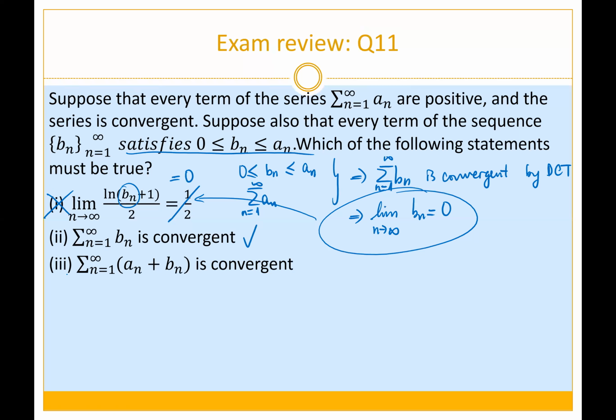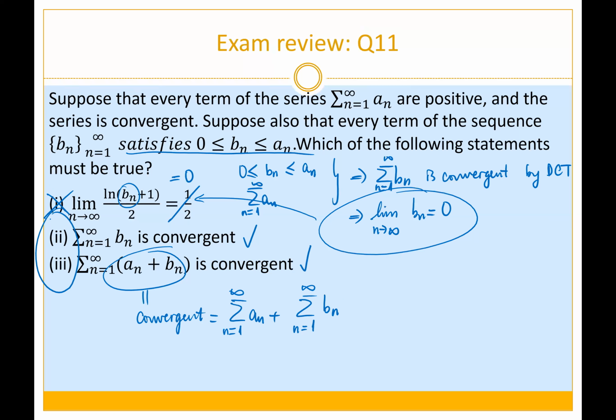An is convergent and Bn, we just proved that it's also convergent. So the entire sum of two convergent series is also convergent. So this is the sum of An plus the sum of Bn, because each of them is individually convergent. So this one is also correct. So the answer is that only 2 and 3 are true.